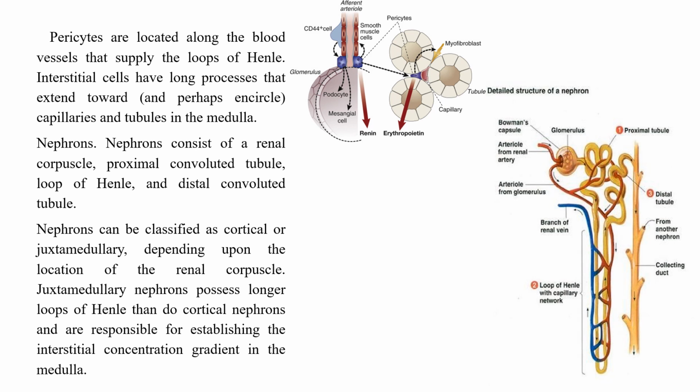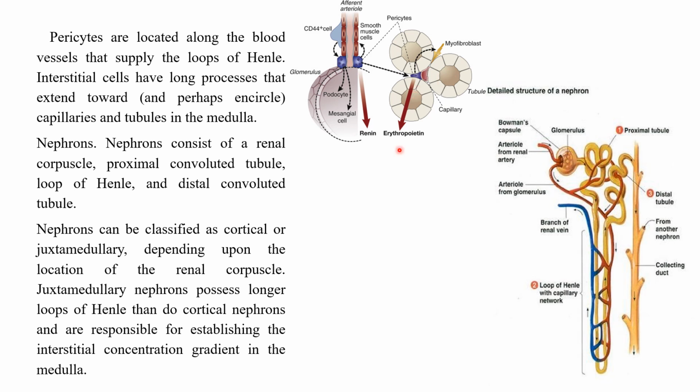These pericytes, as you can see here, are located along the blood vessels that supply the blood to loop of Henle. The interstitial cells have long processes that extend toward capillaries and the tubules in medulla.